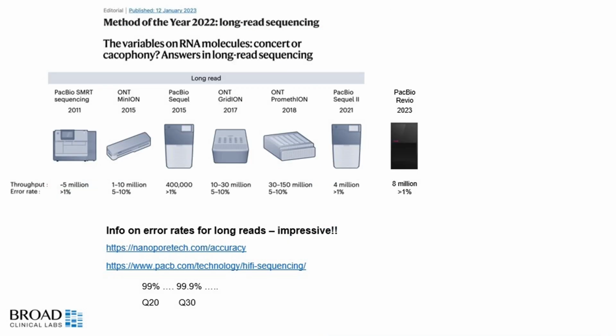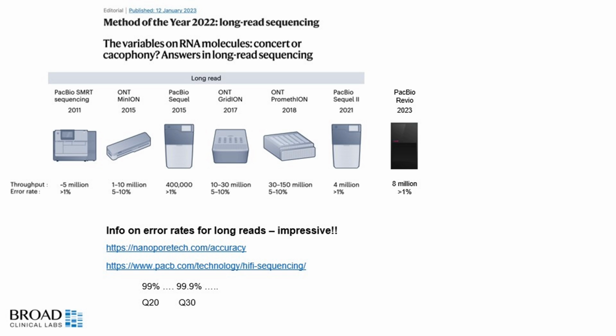Now we're in the era of long reads, and there's been massive progress, of course, over the last decade in development of long read sequencing, especially for transcriptomics. Both these major technologies have higher throughput and lower sequencing error, and the latest information on sequencing error rates is just incredibly impressive.